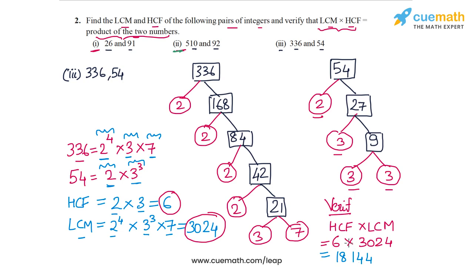So this is the product of the HCF and the LCM, and we can verify that if we take the product of the two integers themselves. So if we find 336 times 54, this will also be equal to 18,144. So the product of the two integers will be equal to the product of their HCF and LCM. So with that, part 3 is done and the whole question 2 is done.